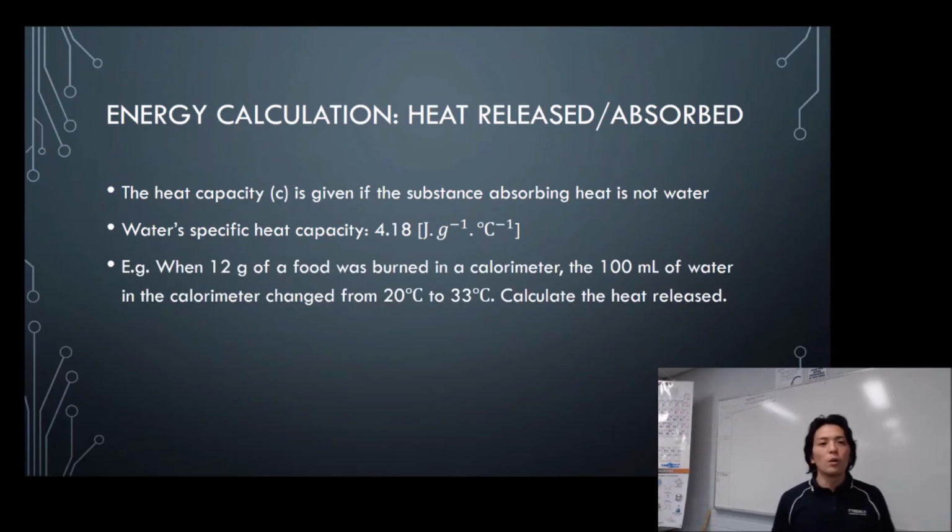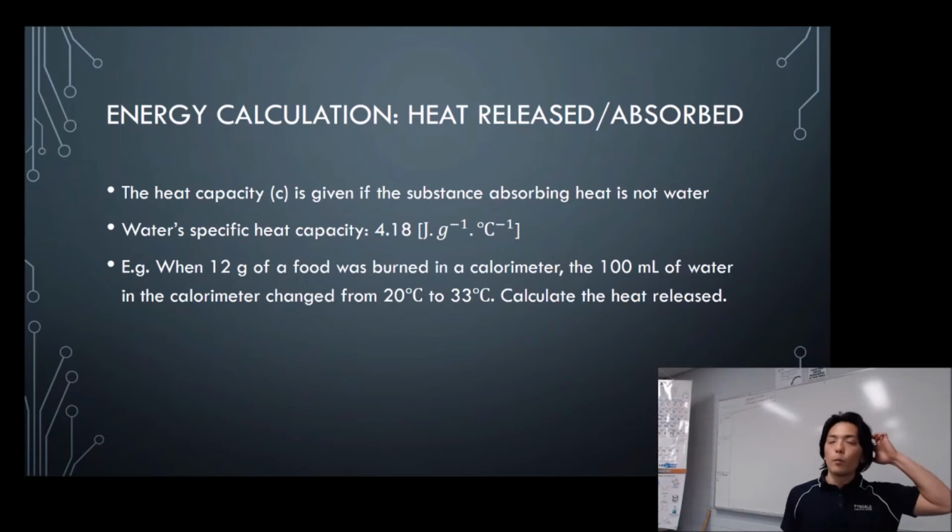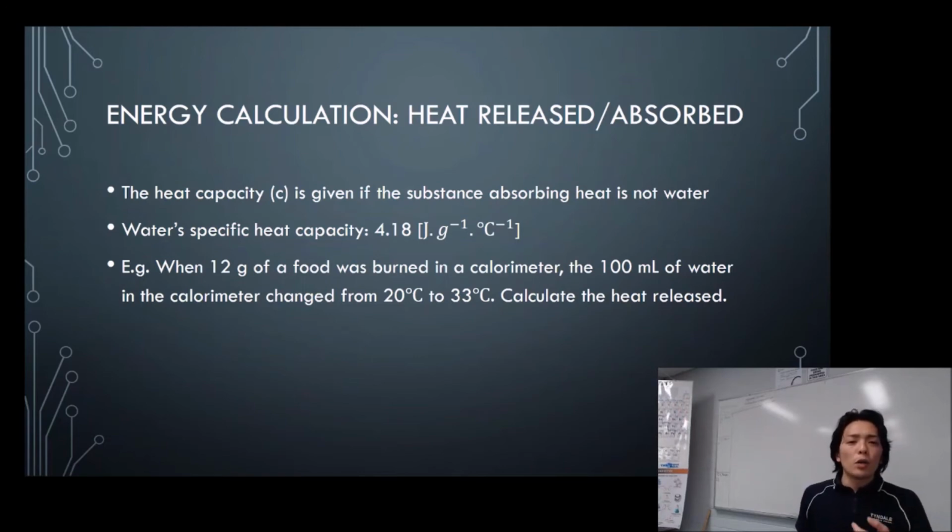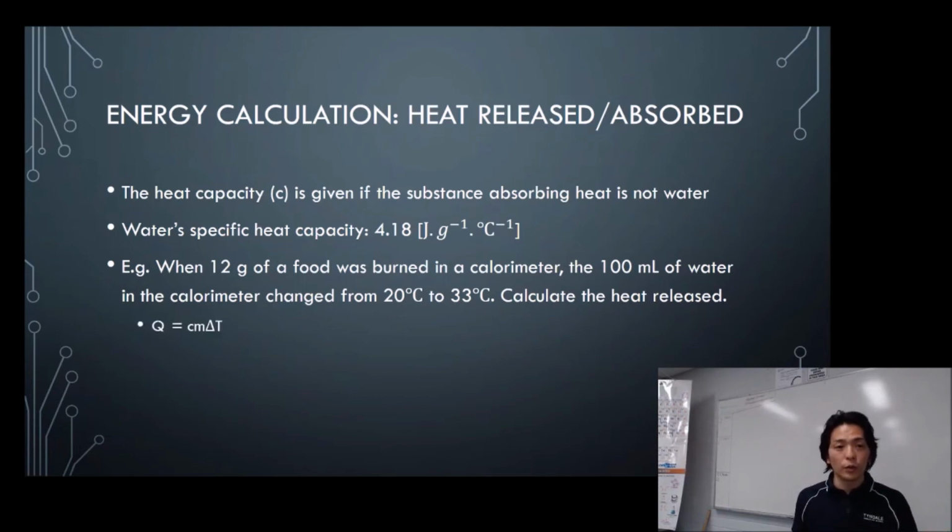Here's an example of what you can do with this formula that I just introduced. When 12 grams of food was burned in a calorimeter, the 100 mL of water in the calorimeter changed from 20 degrees Celsius to 33 degrees Celsius. Calculate the heat released. Okay, so you'd go ahead and write down the formula.